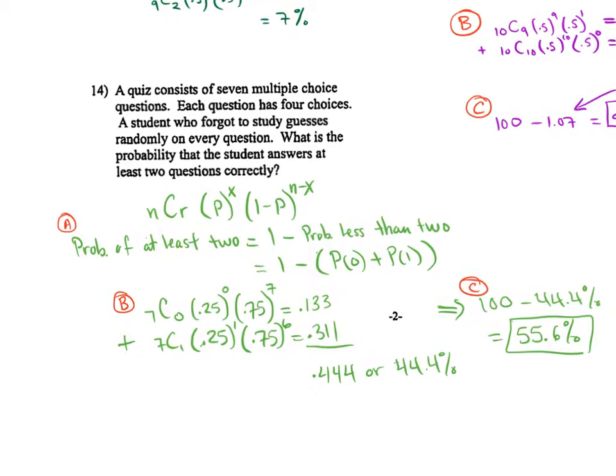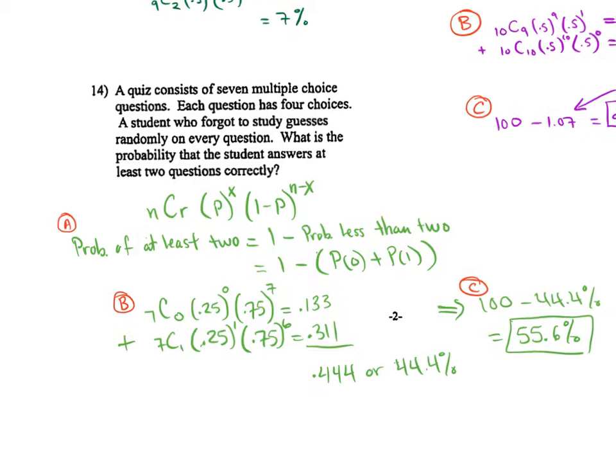All right, so the probability of answering at least 2 questions correctly means that you'd be adding that you could possibly have 2 or more. So that's the probability of 2 questions, 3 questions, 4 questions, 5 questions, all the way up to 7 questions, which means we would have to find the probability of each of those, 2 through 7, add them together.